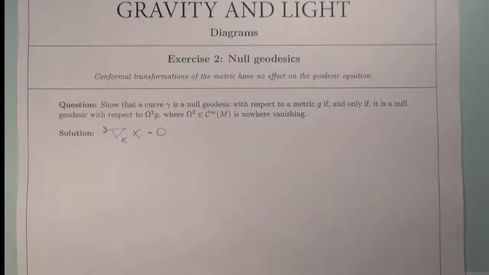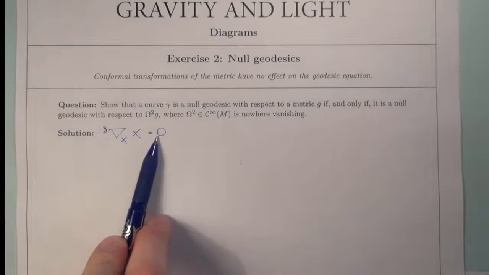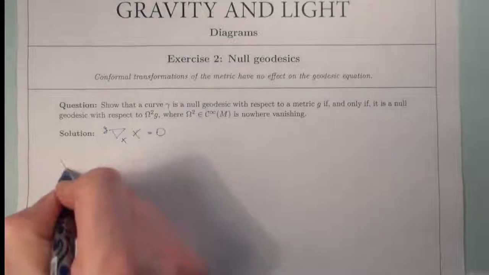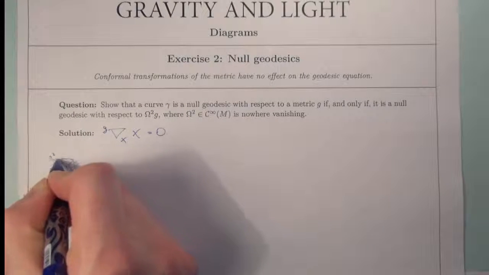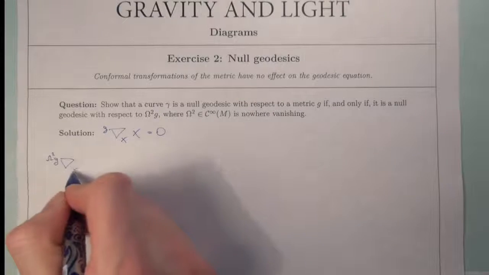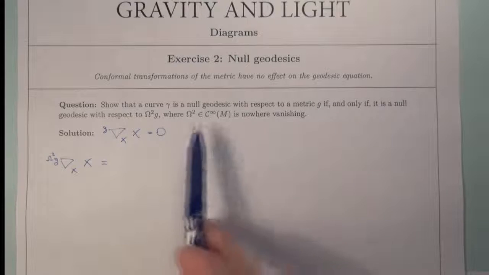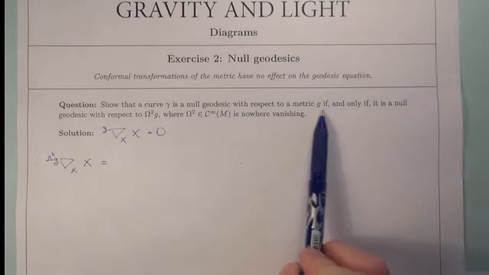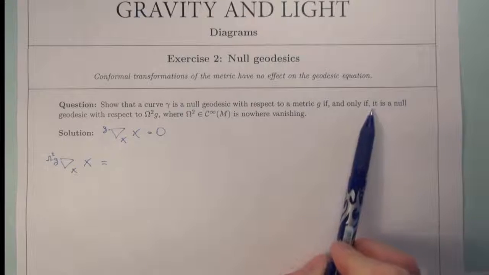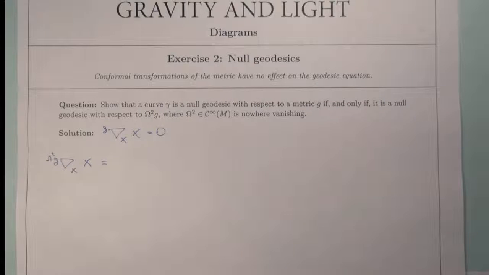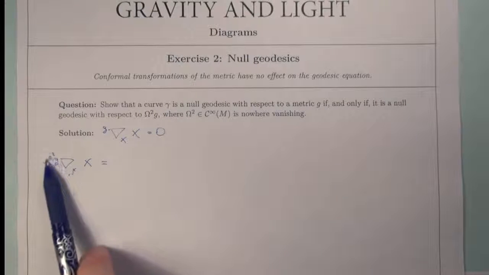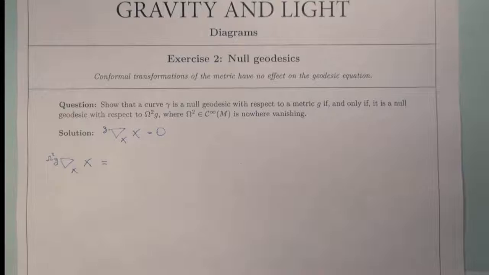And what we want to check here is whether, if we use this condition, omega squared g, the other connection, of X X is again a null geodesic. That's what is to show here, and just to comment on that, that would be only the one direction, but the other follows immediately because you just need to invert this factor here and then that's the same. So we will just do the one direction here.